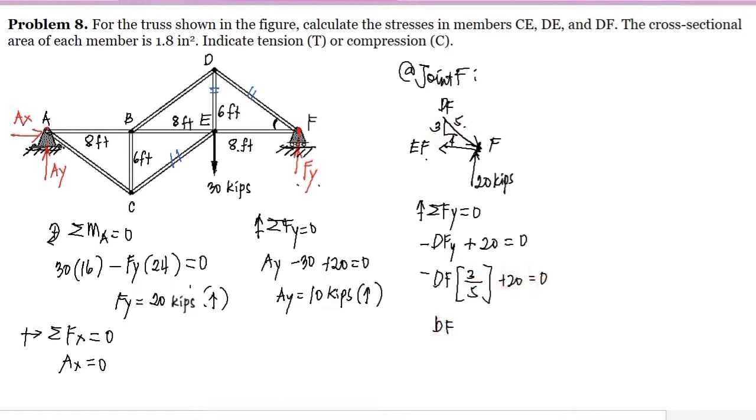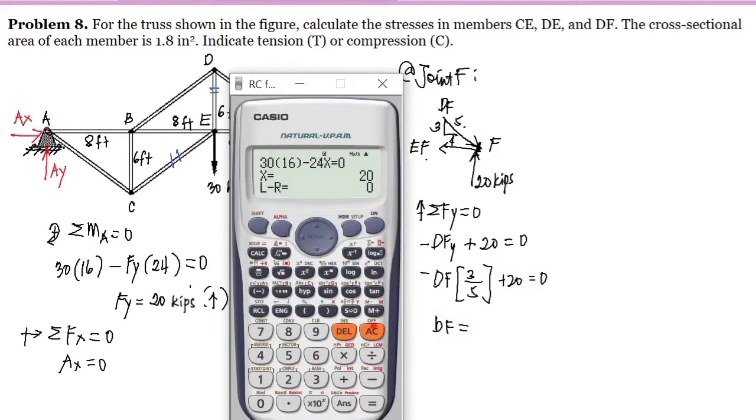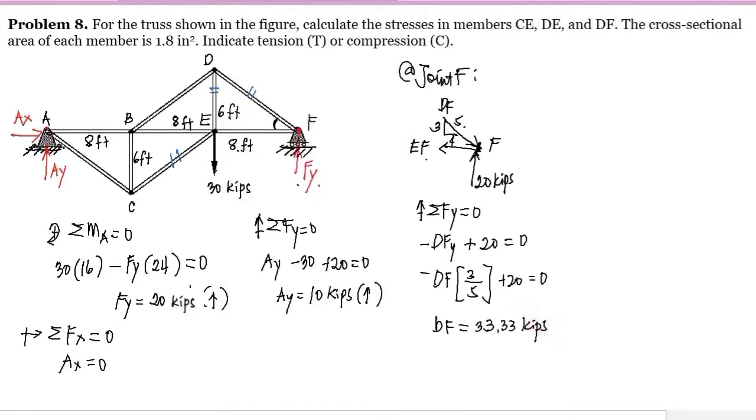So solving for the value of DF, we have negative x multiplied by 3/5 plus 20 is equal to 0. Shift solve equals, and we have 33.33 kips. Since the answer is positive, meaning our assumption is correct that DF is compression. So meaning this is compression.